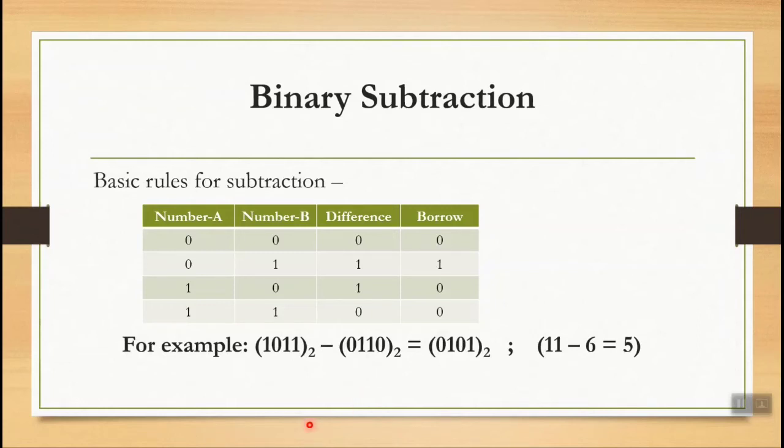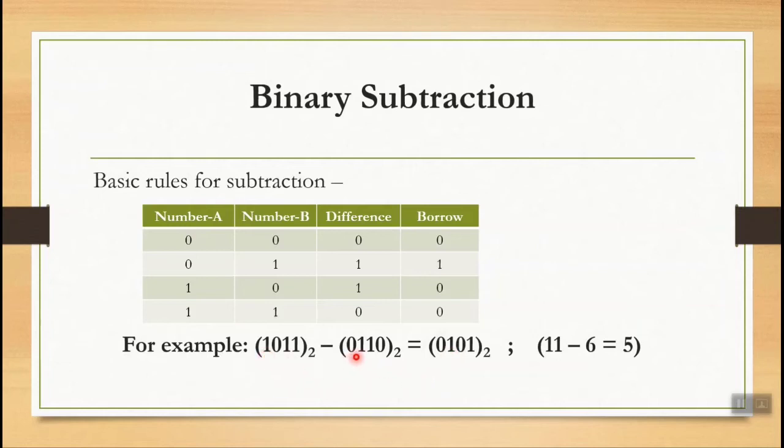Here what you have to see, let us take the example 1011 minus 0110. Now 1011, basically this is 11 and 0110 is 6, so that is 5. Let us see how we have subtracted. 1 minus 0, that is 1. 1 minus 1, that is 0. 0 minus 1, that is 1, borrow is 1.